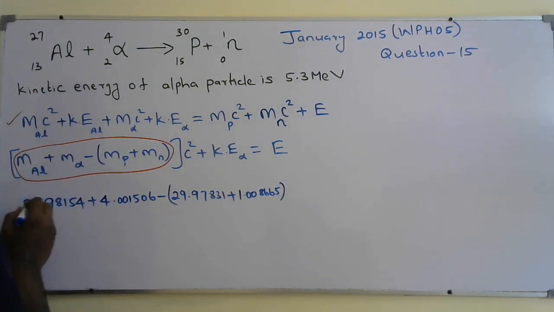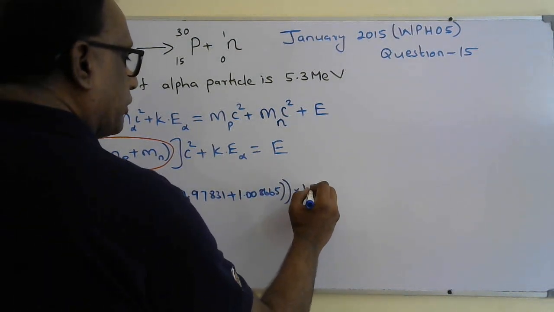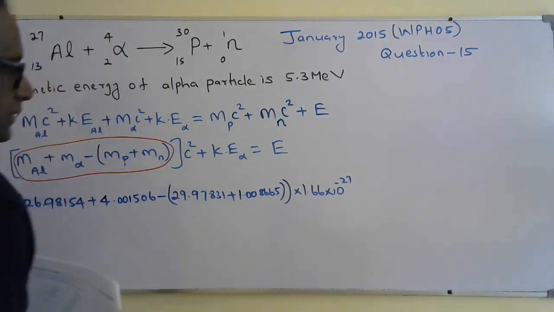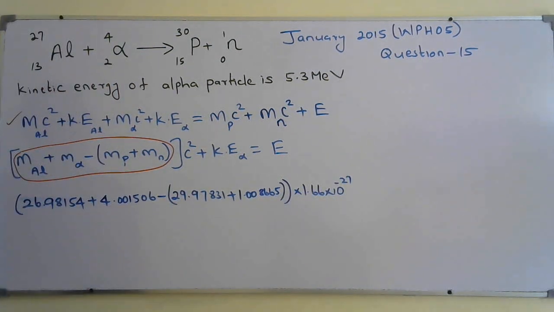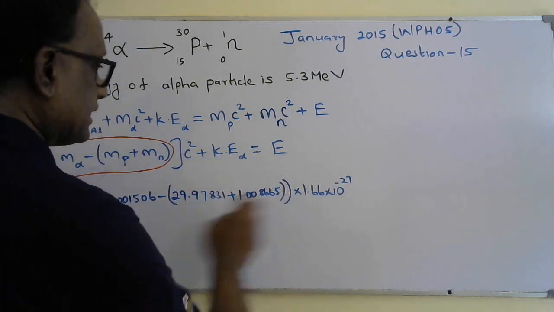So all these masses have to be converted to kilogram, multiplied by 1.66 times 10 to the power minus 27. Now we converted into kilogram. So solve this, and you will get it in kilogram. I can call this whole thing delta m, the whole thing without multiplying by c squared.